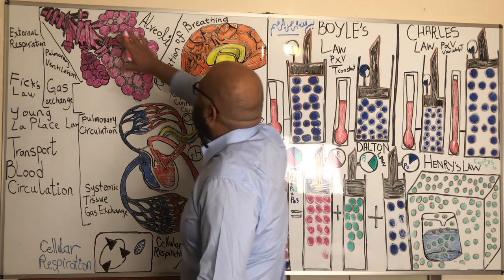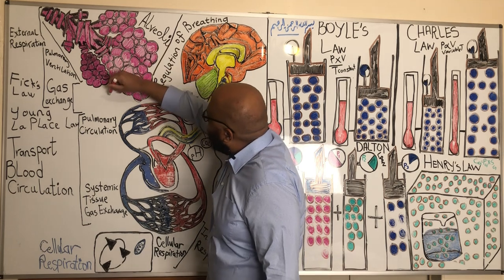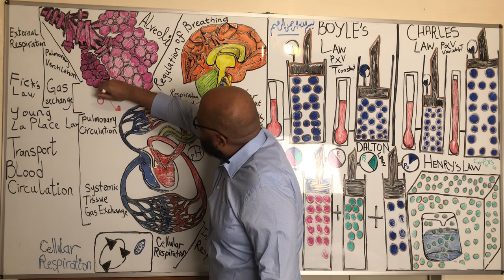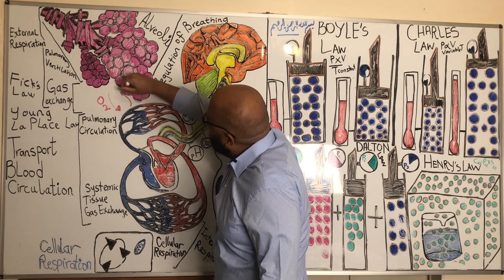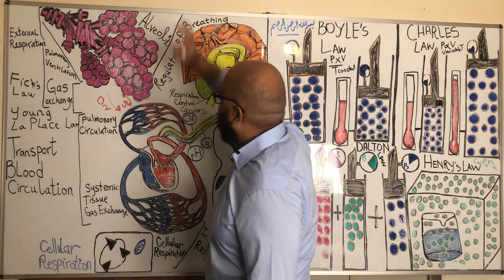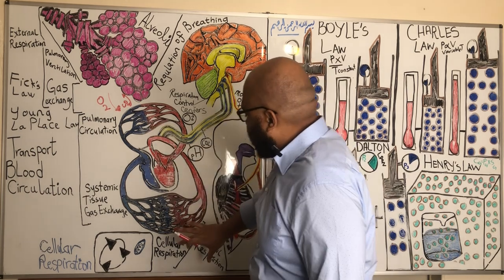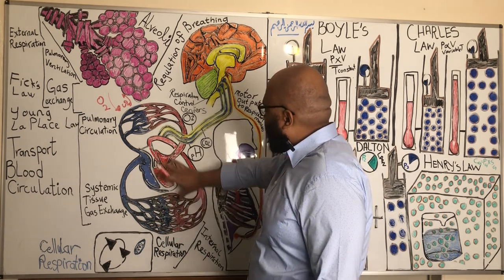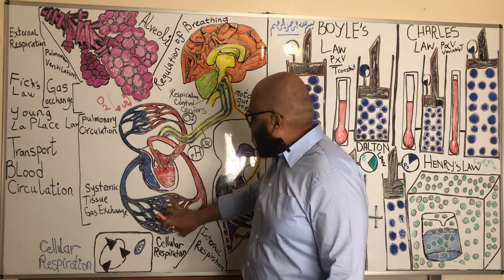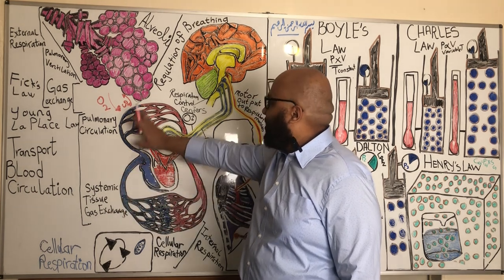Okay, so we know that we breathe through the trachea, and these are the alveoli, and the alveoli would perform the exchange right here. They would supply oxygen and remove carbon dioxide and then send it out to the body. You know that there are two circulations: the systemic circulation, which provides the systems of the body with oxygen, and takes the carbon dioxide and metabolic waste and sends it back to the right heart to pump it back to the lung.